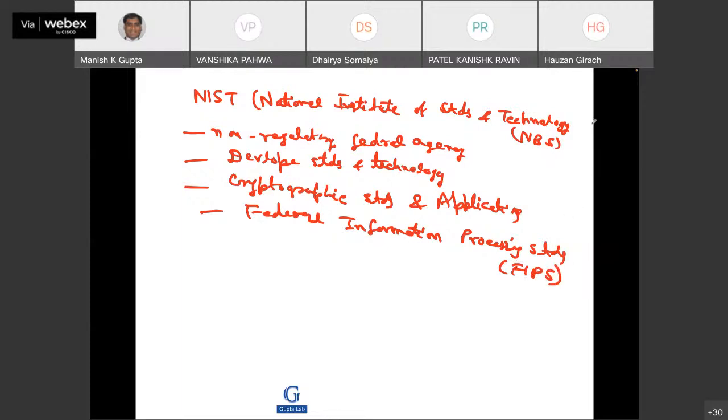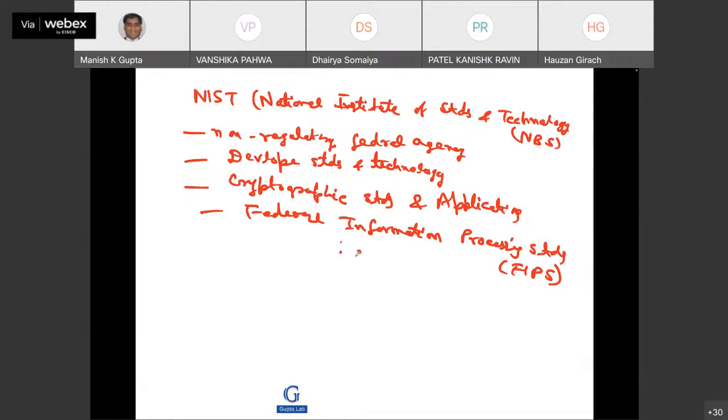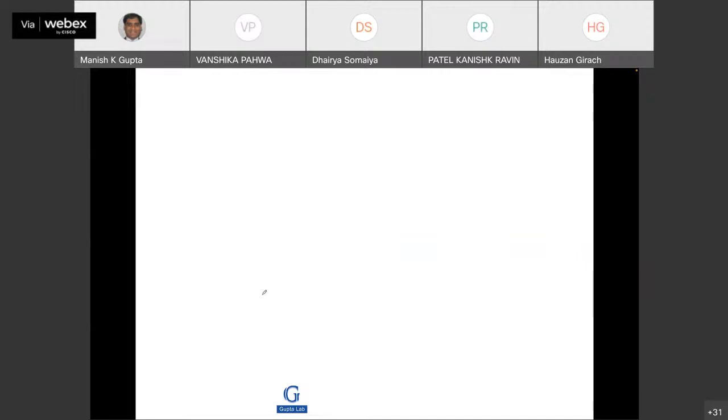These define security standards. Our next cipher, DES, was first mentioned in FIPS. Let me give you a brief history of DES.